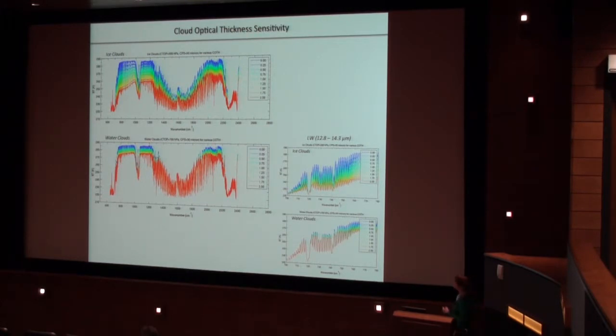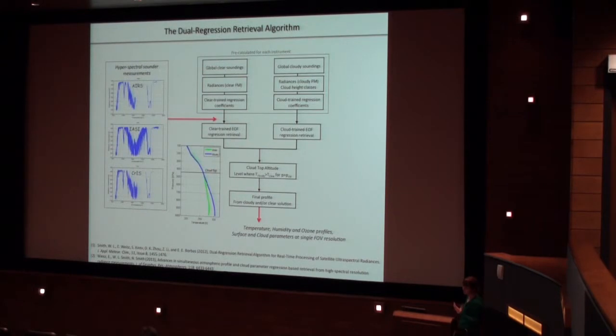That is the sensitivity to optical thickness. Again, low clouds and optically thin clouds are difficult to retrieve. So it's much more challenging to get the cloud top pressure, the cloud top height, and sometimes it's just not possible in the infrared. We retrieve the cloud parameters simultaneously with the other parameters, like the profiles and the surface parameters, using our dual regression retrieval algorithm.